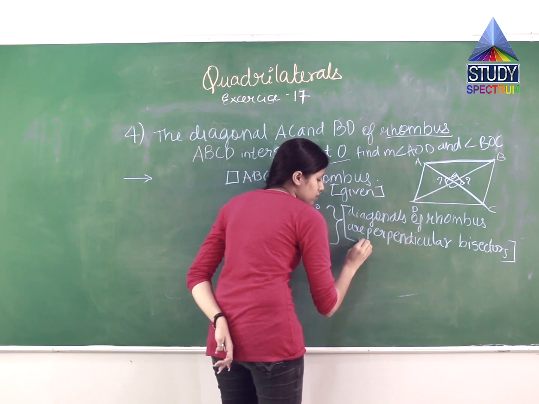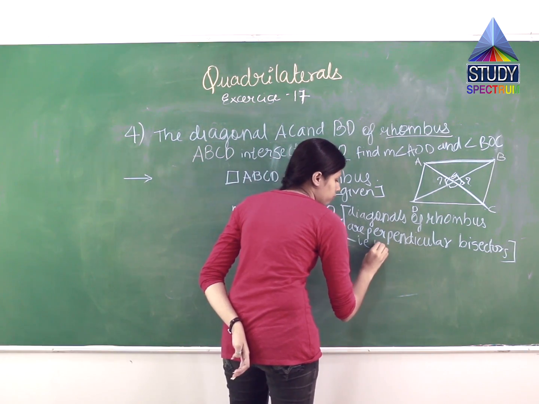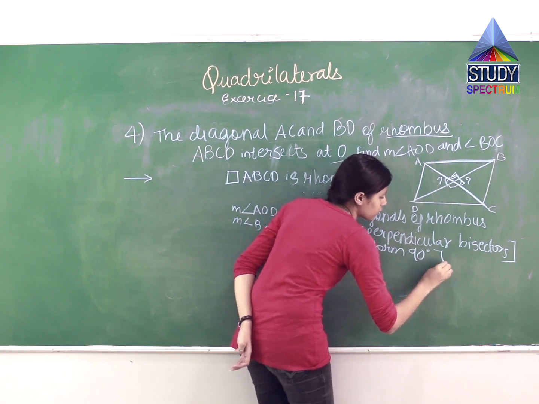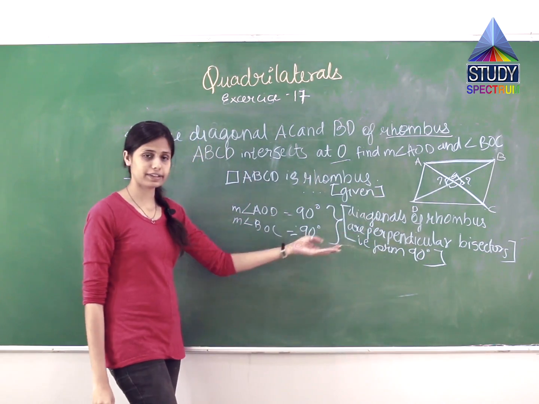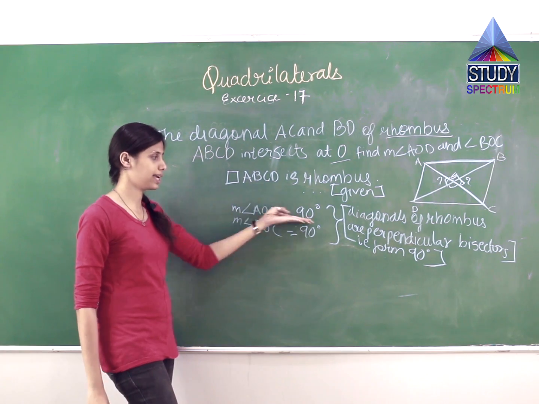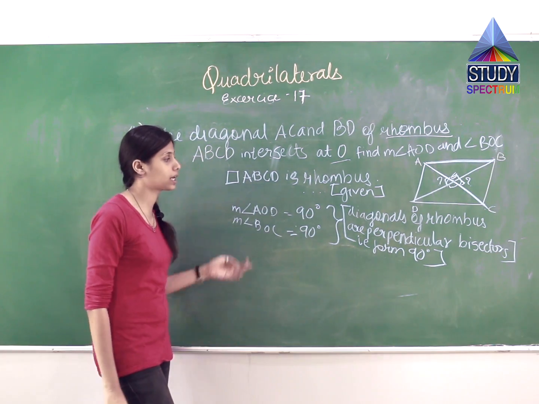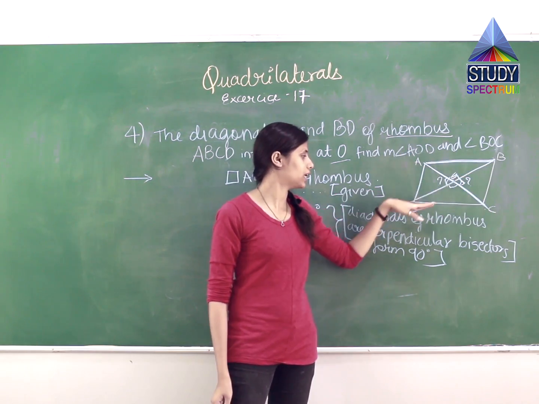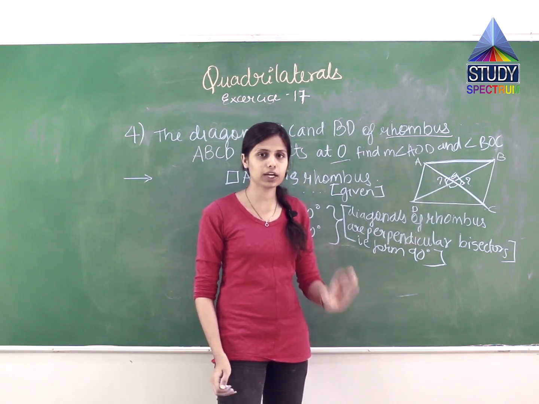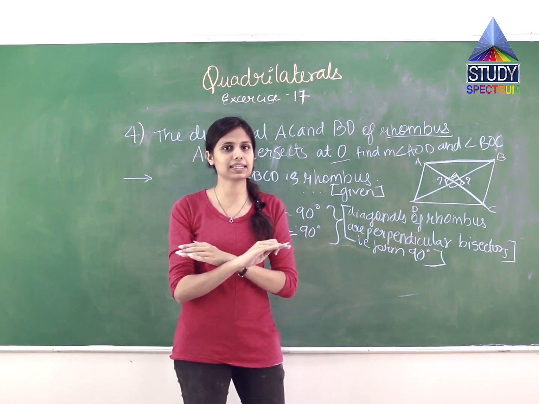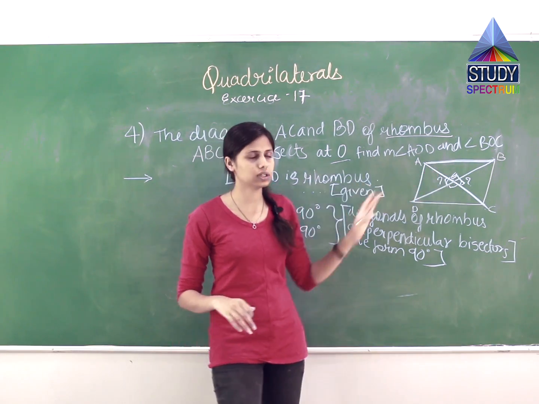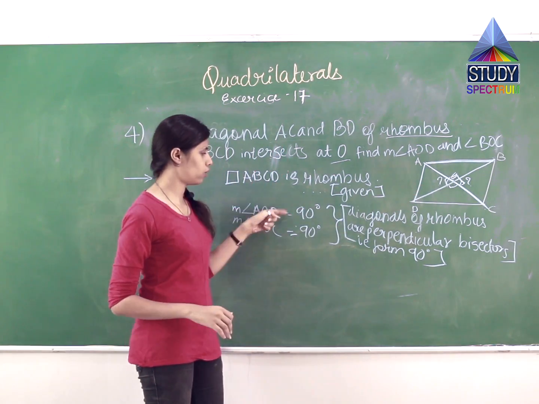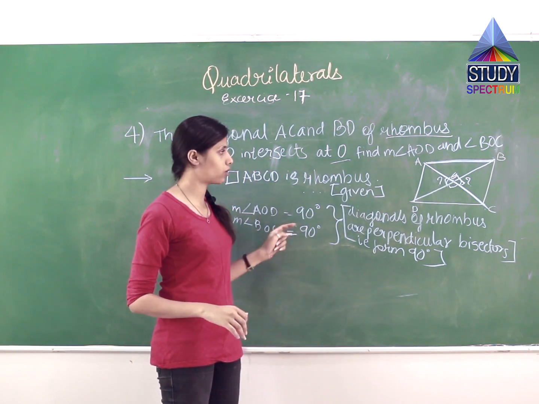So that forms 90 degrees. So this is the valid reason for this. Why have you written AOD as 90 degrees and BOC as 90 degrees? Because the diagonals of the rhombus, that is diagonal AC and diagonal BD, are the perpendicular bisectors of each other. Means they are bisecting themselves at 90 degrees. So angle AOD is equal to 90 degrees and angle BOC is equal to 90 degrees.